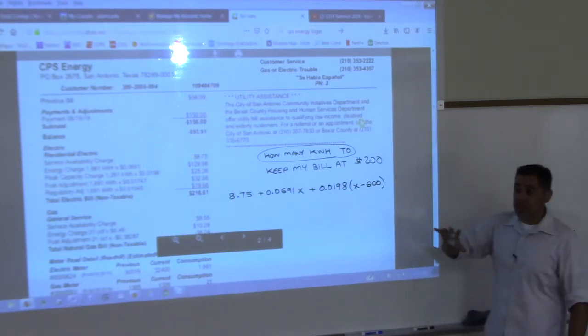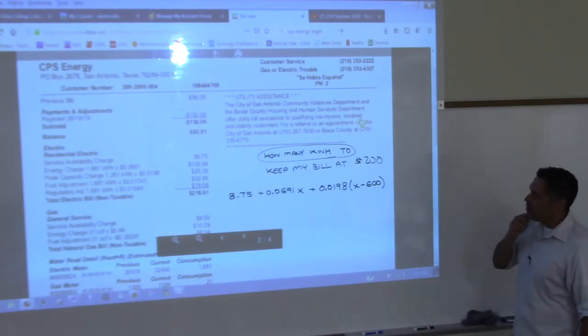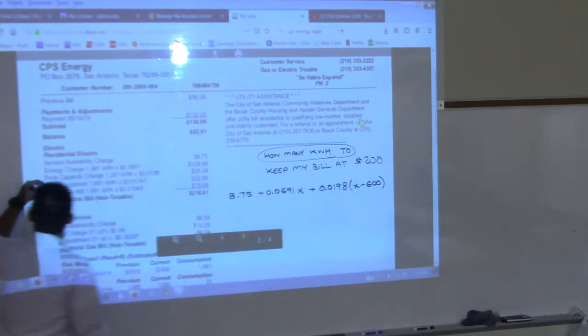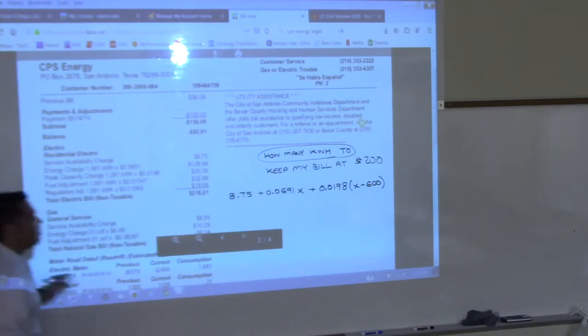Okay, so do you see how this is much different than the linear equation that we just did? Okay? All right, what else goes into this? These two, but these are going to go off of my total usage. So those I don't have to do the minus 600. So I can just add to this.